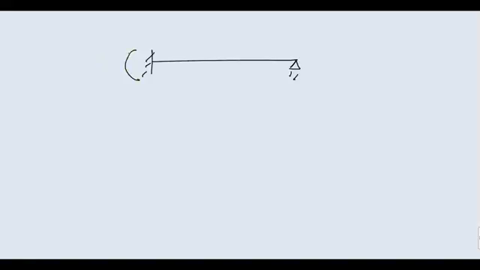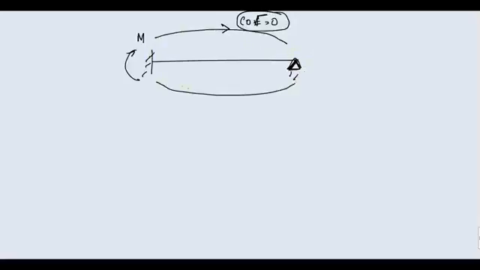Suppose I apply a moment M here. Then what is the carryover factor to this joint? Carryover factor here is 0. Think about it. Your pin joint cannot have any moment, isn't it? So the carryover factor is 0 when you are moving from your fixed to your pin joint. But if you apply some moment on your pin joint, you will definitely have some carryover from here to here as 1/2.